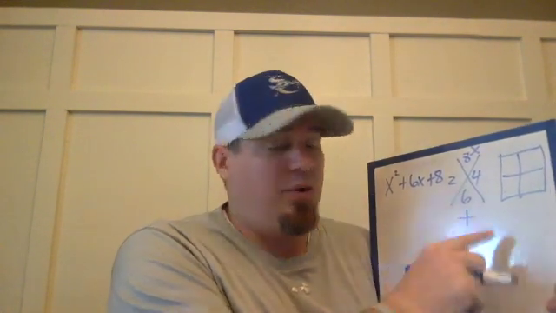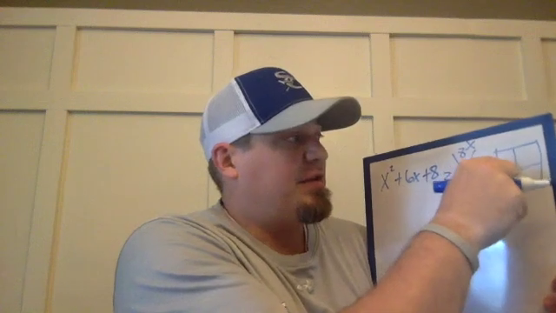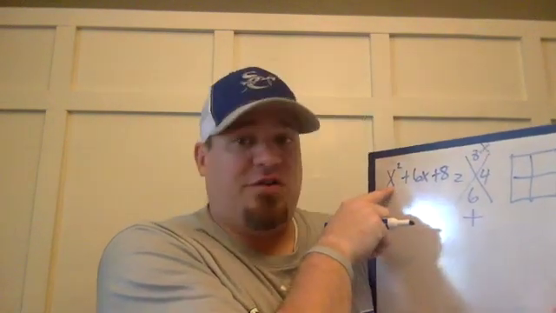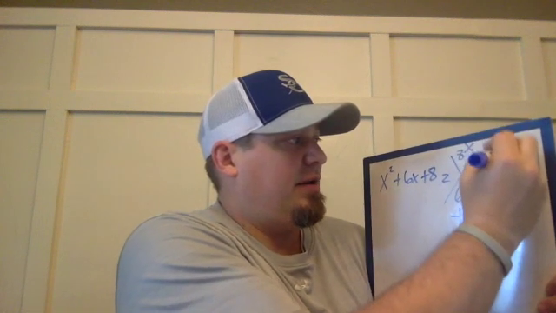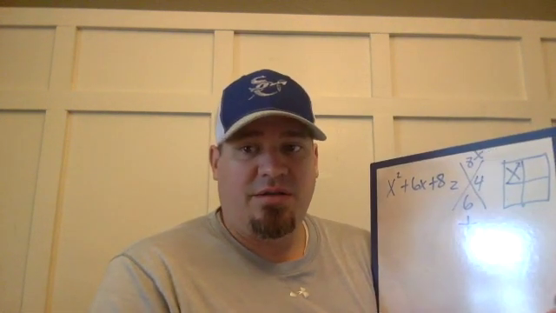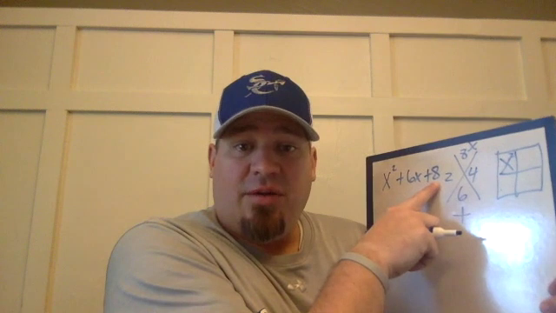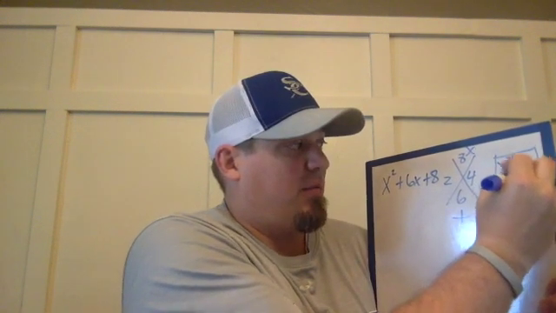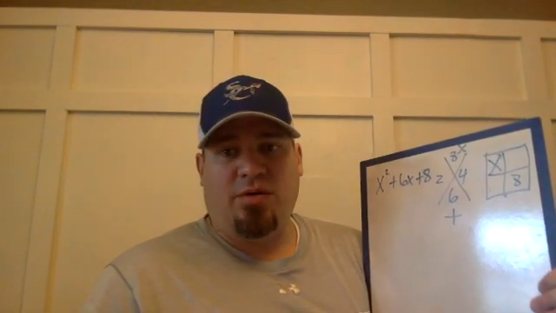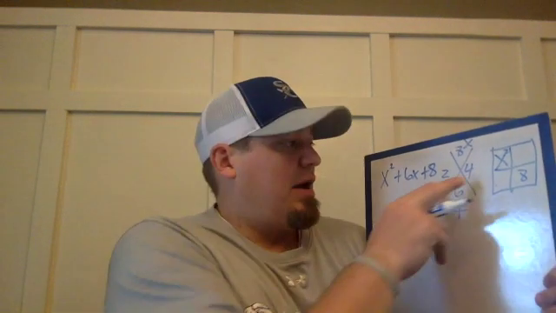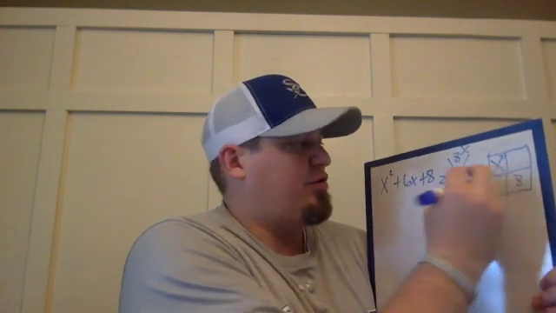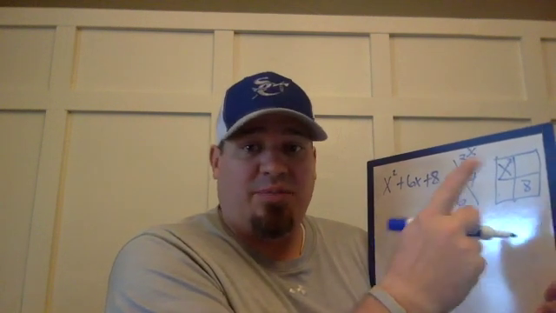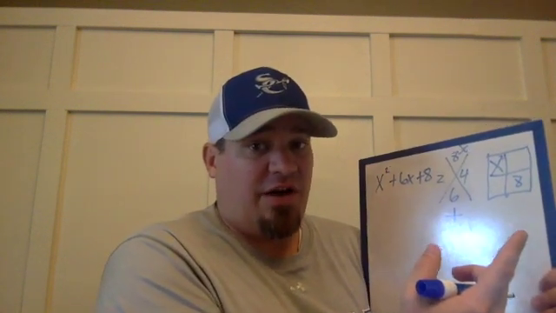I'm going to put numbers in my box. The top left corner is always my first term. So whatever was here, I put that in my top left box. And whatever my last number is, I put that in the bottom right box. Now I use these two numbers as the coefficients in my other two boxes, and it doesn't matter which box I put them in, it's not going to change the value.